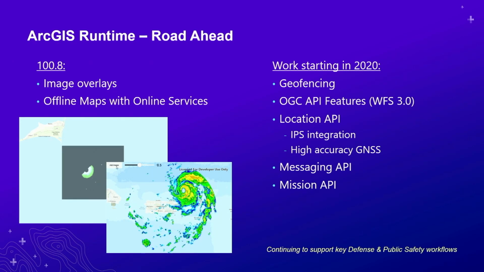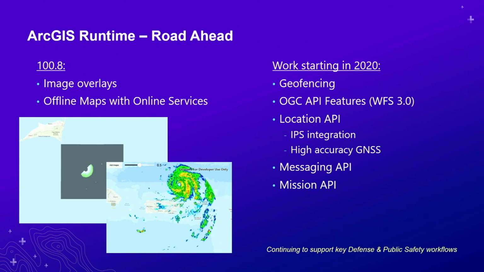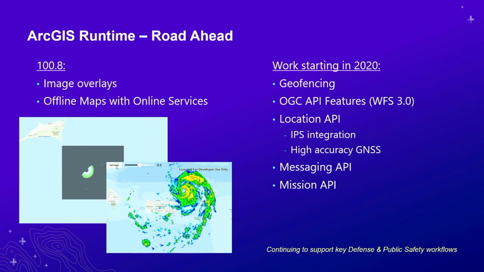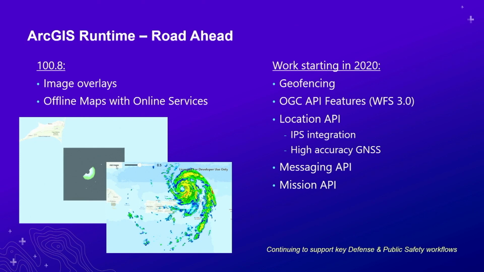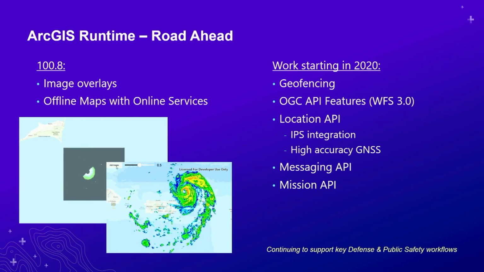We also are adding the ability to include online services in your mobile map packages. So there might be some workflows where you want to do this, such as including highly dynamic data. If you know the app's going to be working in sometimes connected mode, you can include weather data, for instance, or last known location positions, those sorts of things.